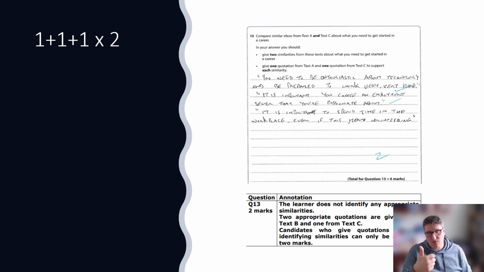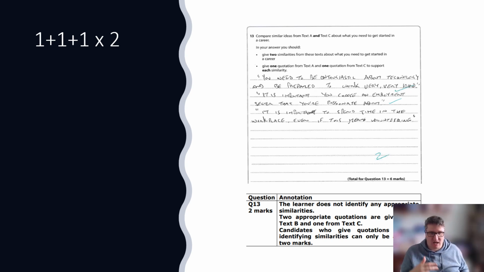It says give 2 similarities. I'm doing it one at a time. A similarity from these texts about what you need to get started in a career. Give 1 quotation from text A and 1 quotation from text C to support each similarity. So you need to do this twice.